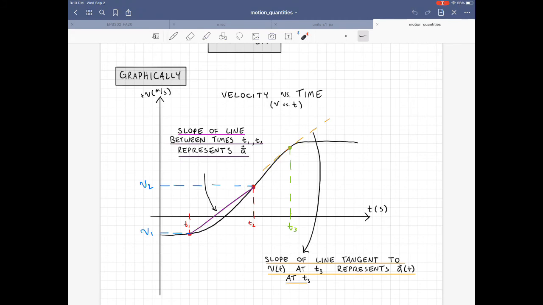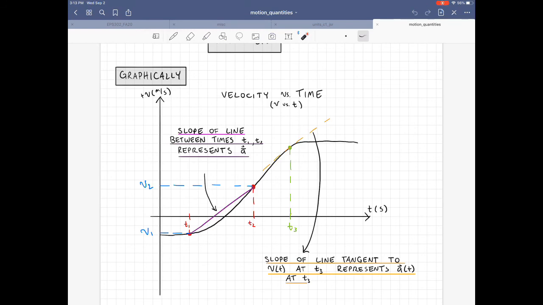And if I want to talk about the average acceleration between these two points during that time interval, then I'm just going to calculate the slope that connects these two points. So the slope between those two points is going to give me the average acceleration during the time interval t1 to t2. So that is the average acceleration.